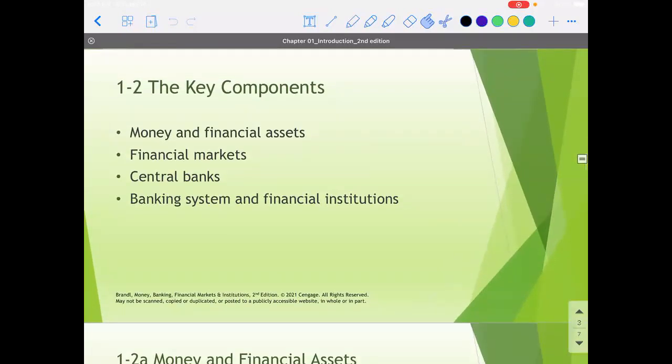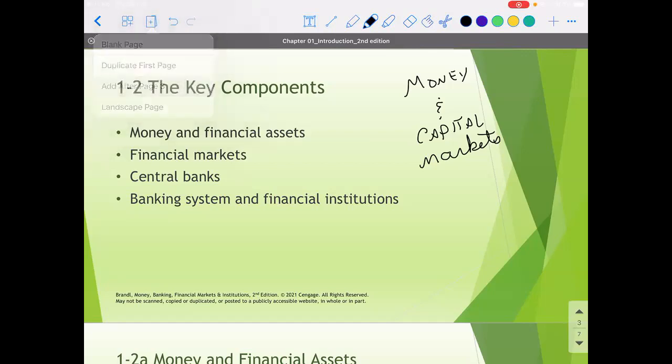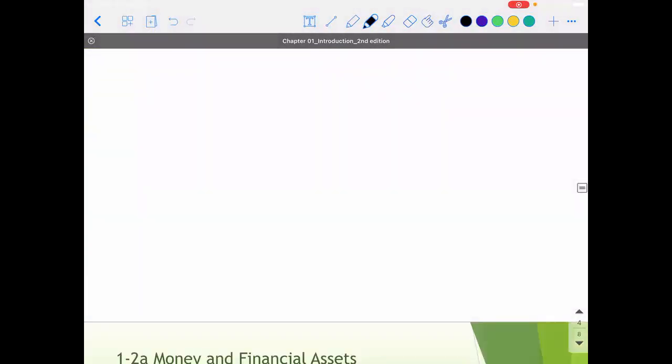Okay, so what are we going to talk about in this course? This course, as the title suggests, is about money and capital markets. And so what that represents for us is a few things here, right?